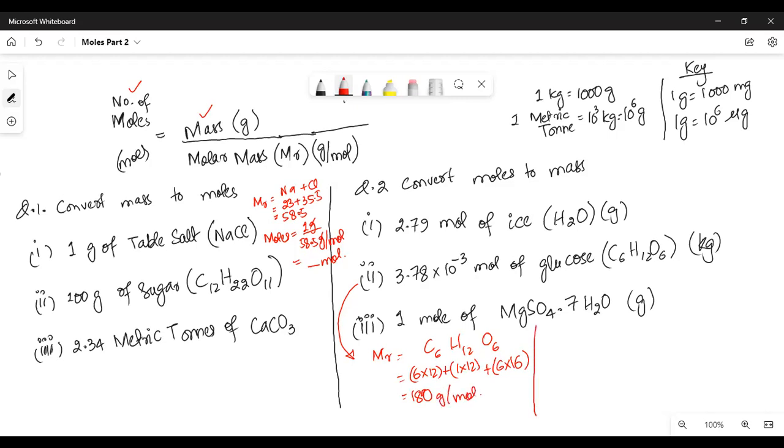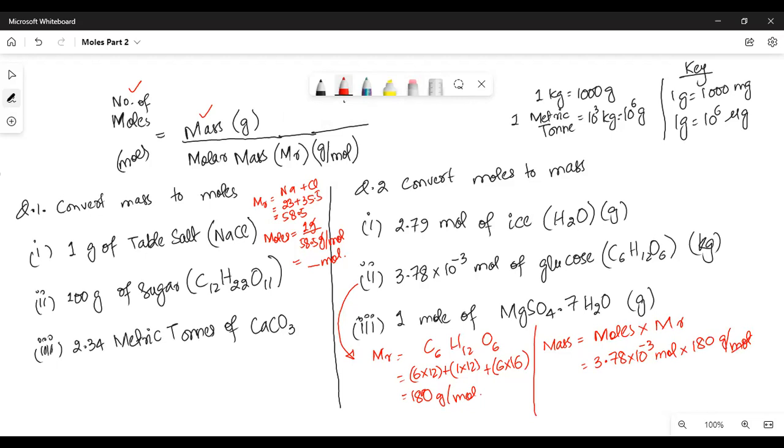That's just MR. We still need to calculate the mass. In order to calculate mass, we need to rearrange the formula and multiply the moles with MR. So the moles are 3.78 into 10 raised to power minus 3, and sorry, I forgot to write the units. Mole multiplied by 180 gram per mole.